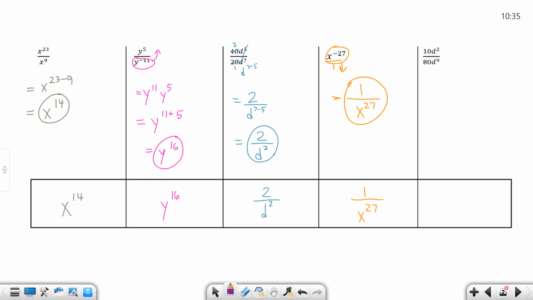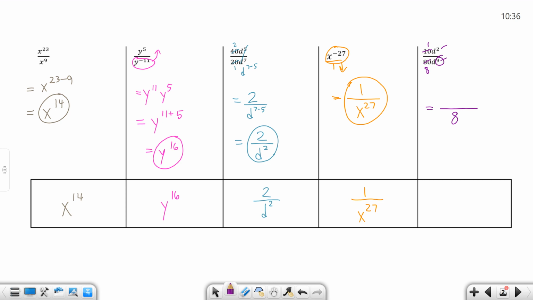And then this problem here is just like this one, just different numbers. So 10 and 80, does anything go into both of those? Yep, 10. 10 goes into 10 once, 80 8 times. So right now I have over 8. Now I have to figure out where my d's are. I don't want to put a 1 up there unless there's nothing else up there. I've got 2 of them and 9 of them.